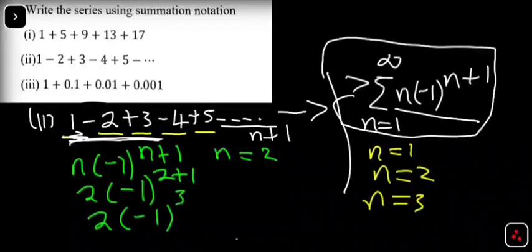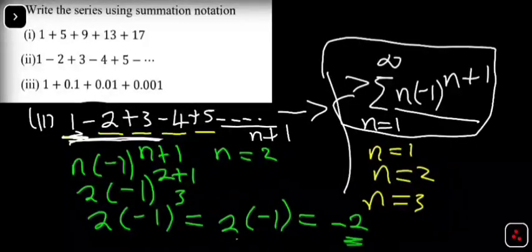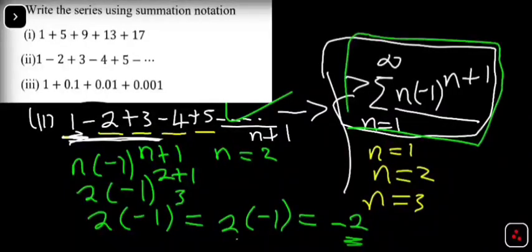When you add, you're going to have 3. So what is negative 1 cubed? Negative 1 cubed is negative 1. If you multiply, you're going to get negative 2. So this formula matches our notation, or I can say this summation matches the series using the summation notation.